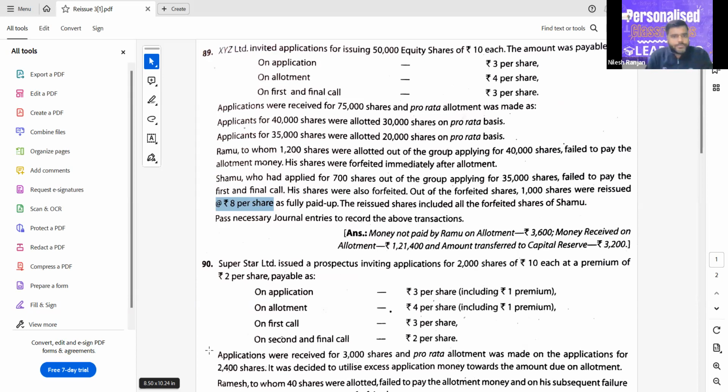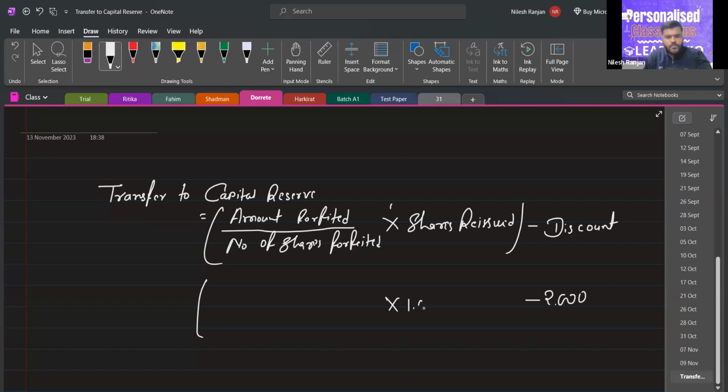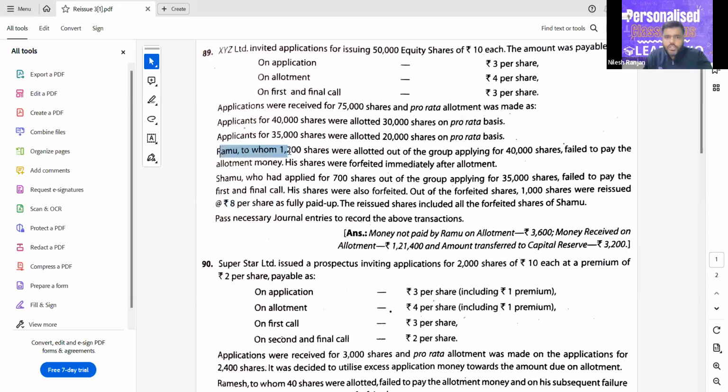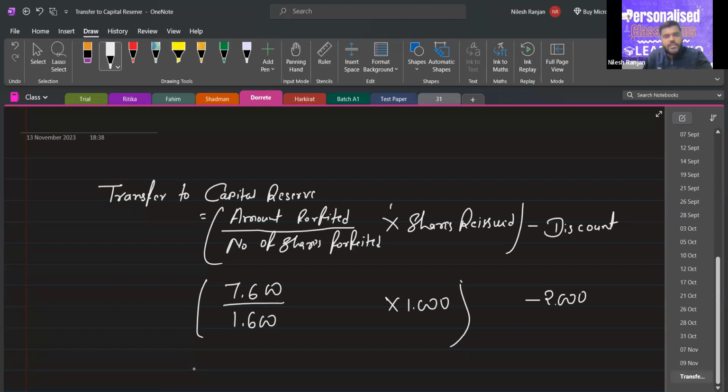So the amounts together are 7,600. And the total number of shares forfeited is 1,600: 1,200 shares of Ramu and 400 shares of Shamu.